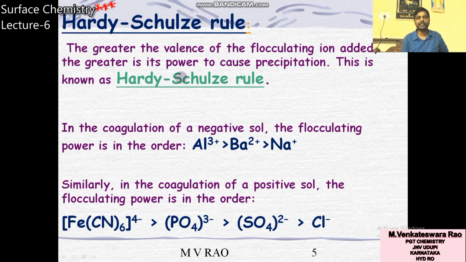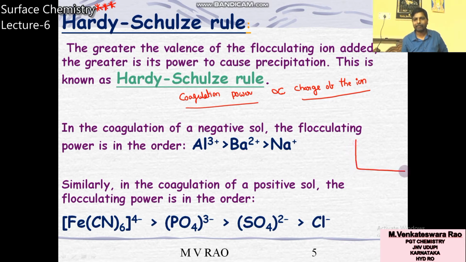So what is the Hardy-Schulze rule? The greater the valence of the flocculating ion added, the greater is its power to cause precipitation. That means coagulation power is directly proportional to charge. Valency means the charge of the ion. The greater the charge of the ion, the greater the coagulating power.